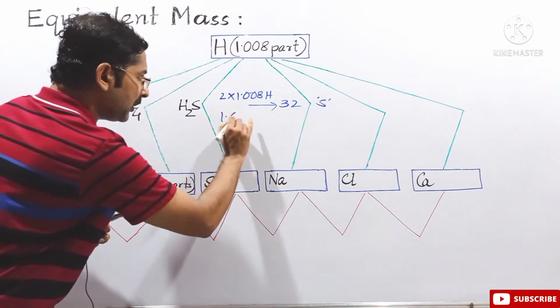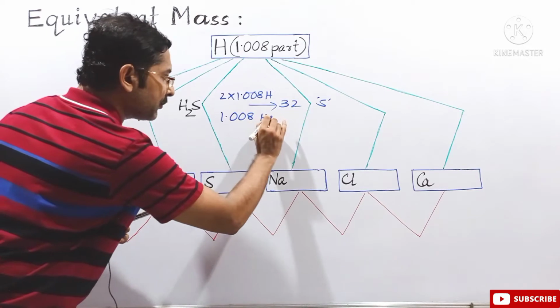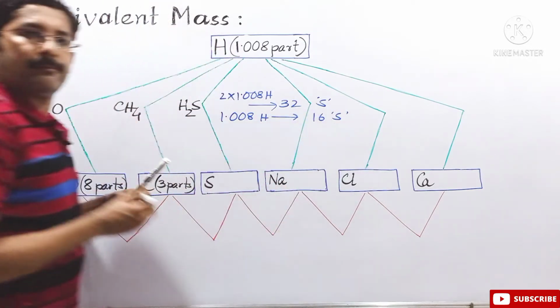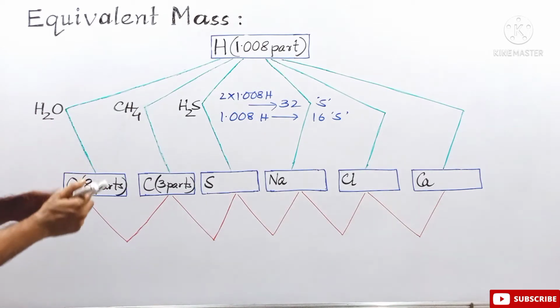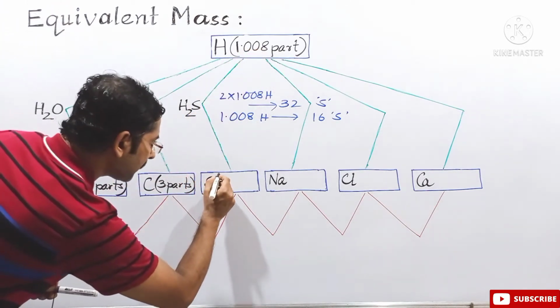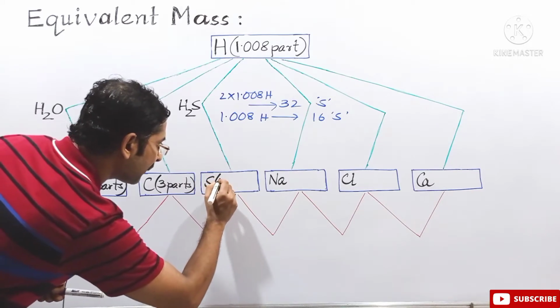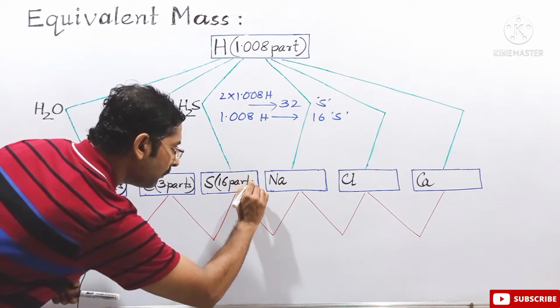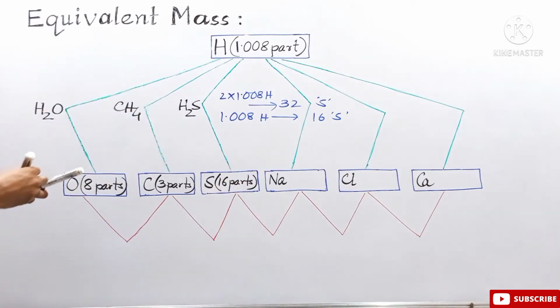So 1.008 part of hydrogen will combine with, of course, 16 parts of sulfur to form H2S molecule, right?